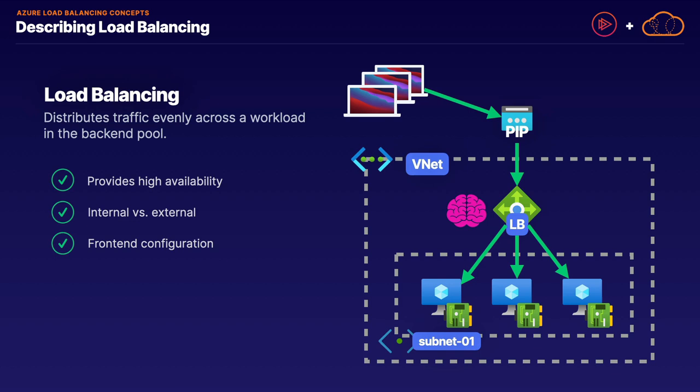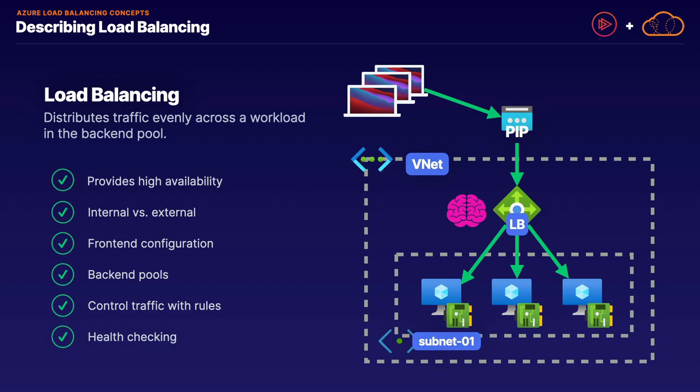This allows us to have a front-end to reach those resources that are in the back-end pool, in this case, those virtual machines. And that load balancer is able to control traffic with rules that we create on that load balancer. And it's also able to then determine health checking to see if these resources are healthy so that it can properly distribute traffic to the backend load, providing us, again, that high availability.